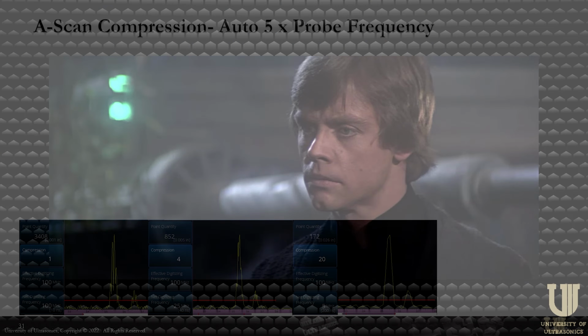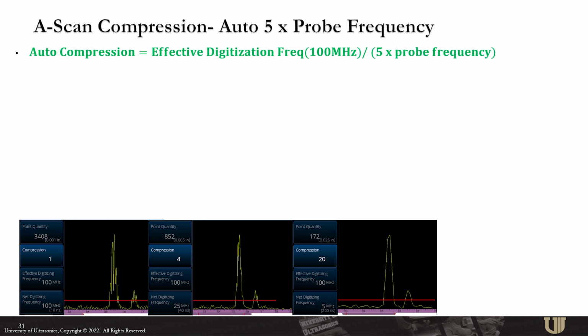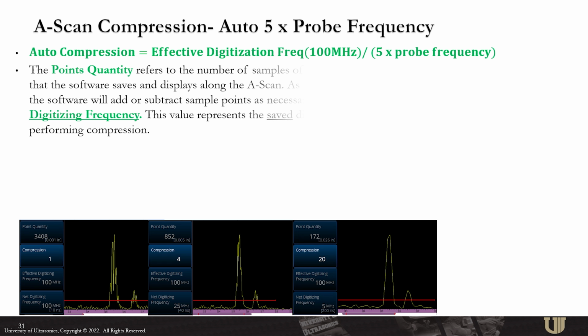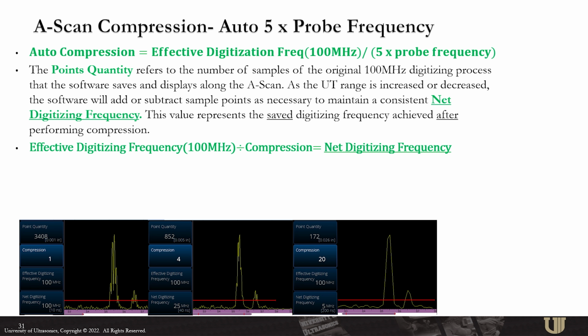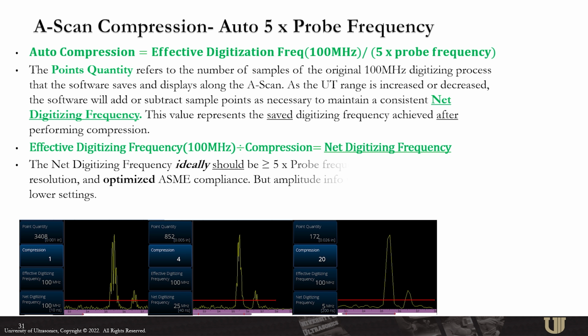Many of the instruments on the market today automatically adjust your compression, aka scale factor or subsampling, in order to ensure that your resulting digitization frequency after compression is at least 5 times the probe frequency. The formula used is auto compression equals 100 megahertz, or whatever your native digitization frequency is, divided by 5 times the probe frequency.